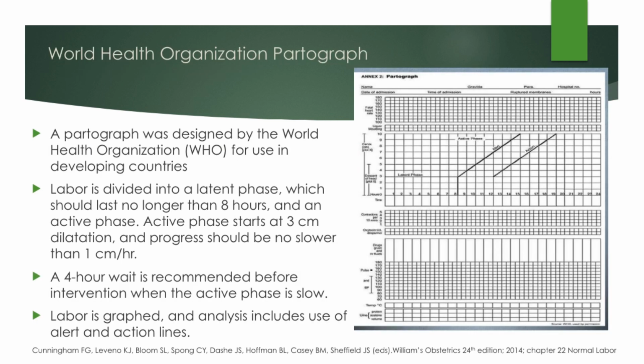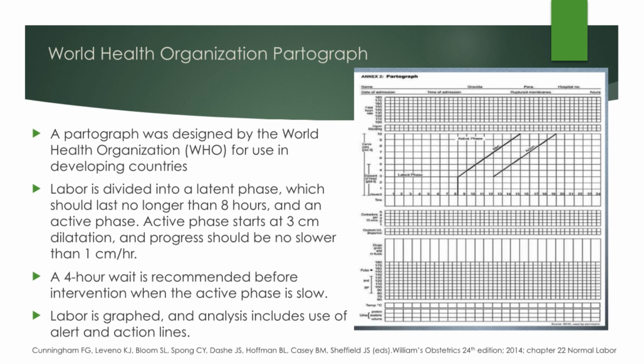Now, WHO has its own partograph or plotting of the labor curve pattern. A partograph was designed by the WHO for use in developing countries such as the Philippines. Labor is divided into latent phase, just like in Friedman's curve, and the latent phase should last no longer than 8 hours, and of course, we have the active phase, which starts for WHO at 3 centimeters cervical dilatation, and progress should be no slower than 1 centimeter per hour.